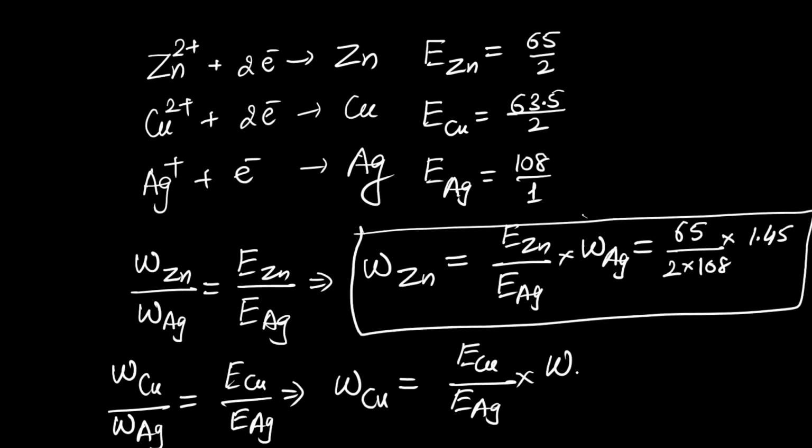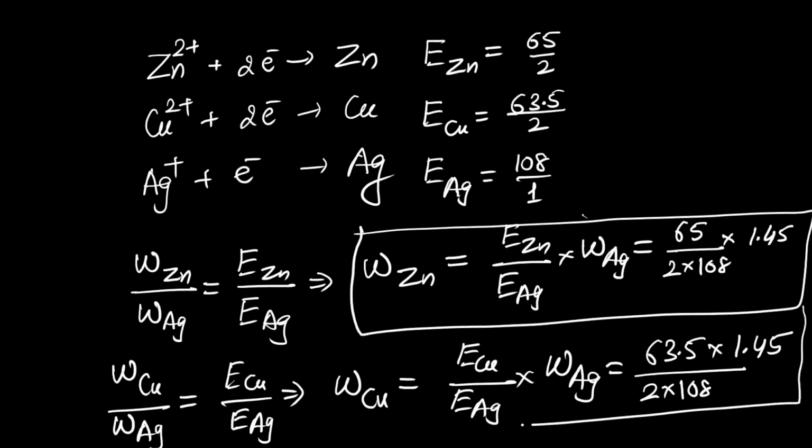That implies weight of copper deposited is equivalent weight of copper over equivalent weight of silver into weight of silver. Now what will come is 63.5 divided by 2 into 108 into 1.45. So in this way you will get the answer.